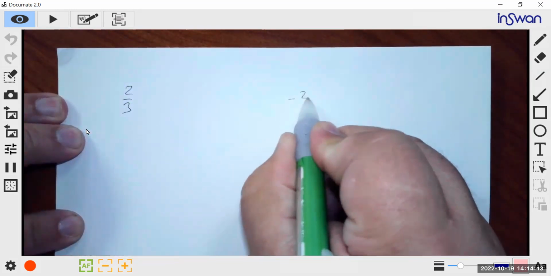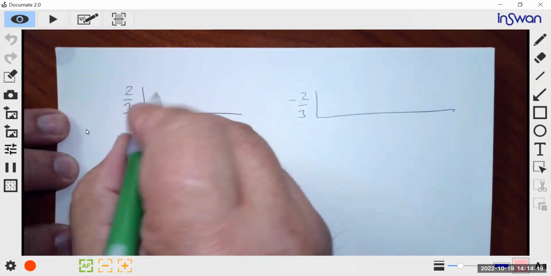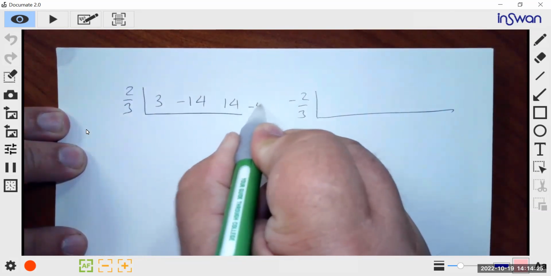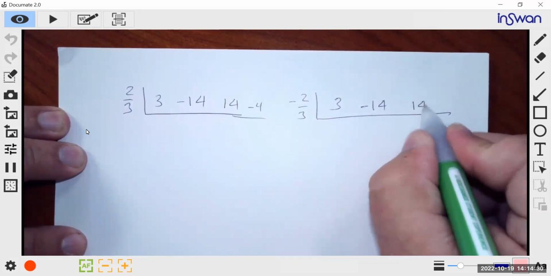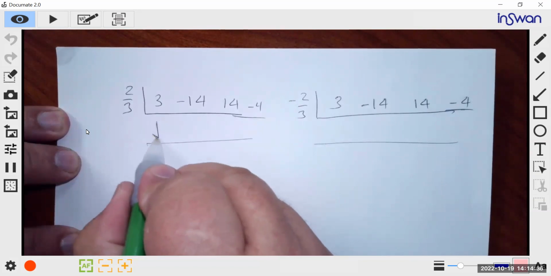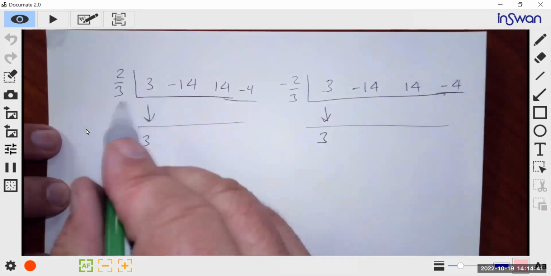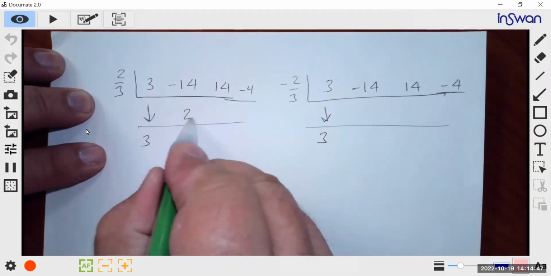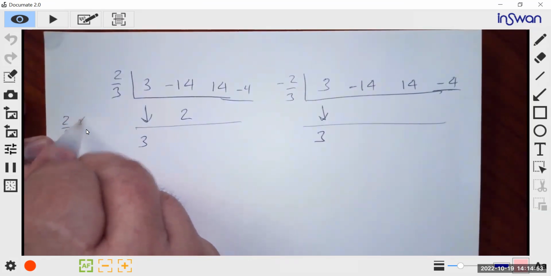Two-thirds, negative 2/3. 3, negative 14, 14, negative 4. Two-thirds times 3 is 2. 2 over 3 times 3, the 3's cancel.